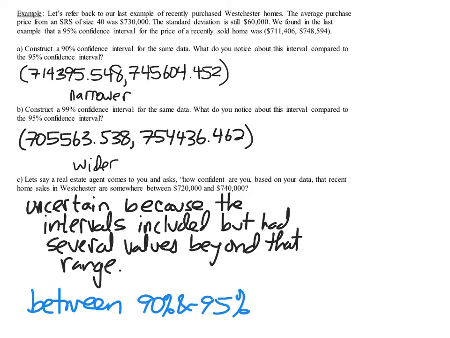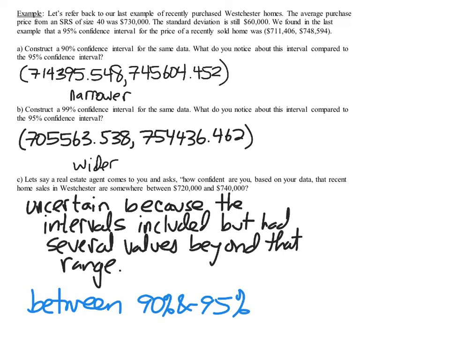All right. So I want an interval that's going to close in as much as possible on this interval, the 720 to 740. So out of the three that I have, 95 fits that. It seems to be the best. Well, actually, I'm sorry, 90 seems to fit that the best.